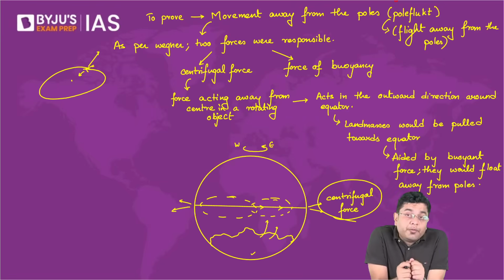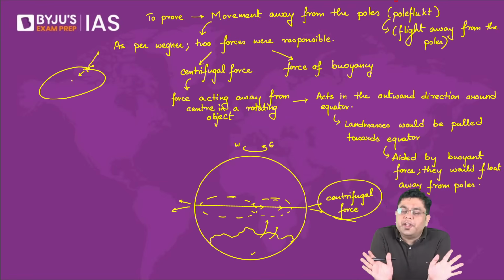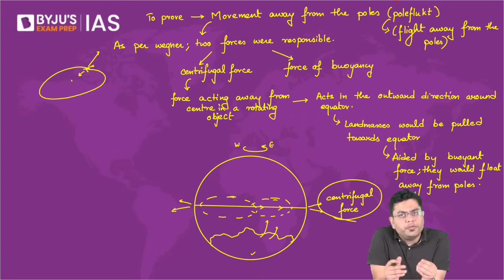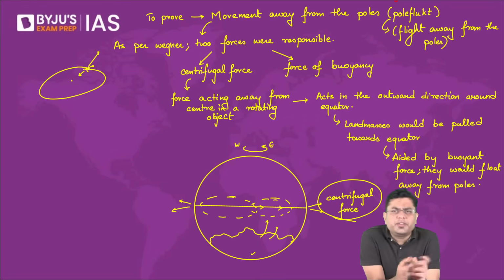He was asked that he also supported this theory and had talked about drift, so he would also be supporting Wagner. F.B. Taylor said, I did not say these theories. I only told about the possibility that the continents could move. But this person is mad. The reasons and assumptions that he has cited are mad.